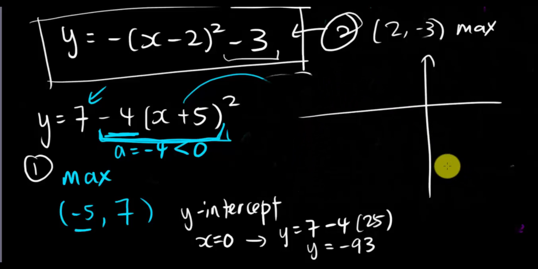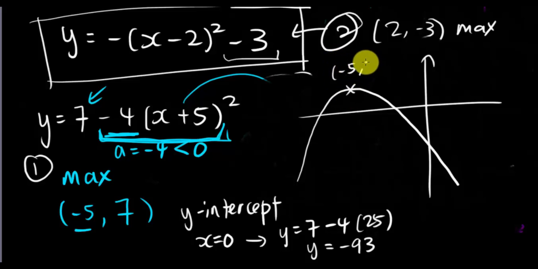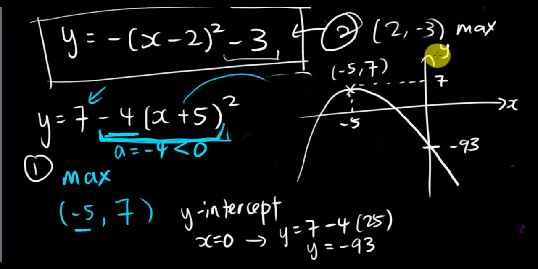Okay, it's still very terrible for me. Let me make a smaller one. Okay, something like this. Alright, so then only I plot my coordinates. This one will be -5 and 7, because the 7 is going to be here and -5 is going to be here, and then it will cut the y-intercept, which is -93. This is my x-axis, my y-axis.